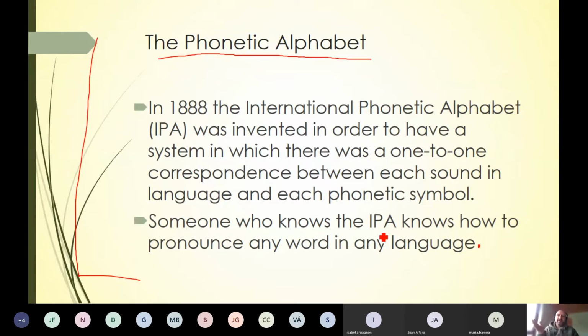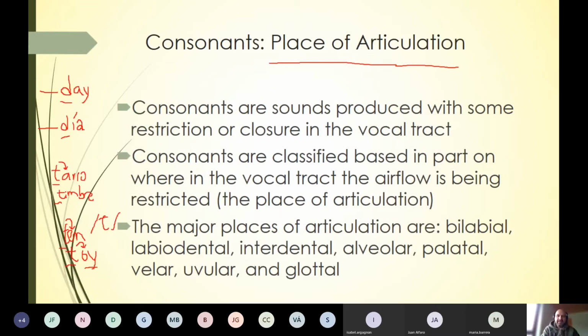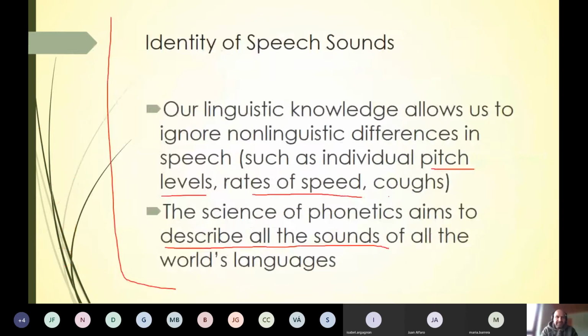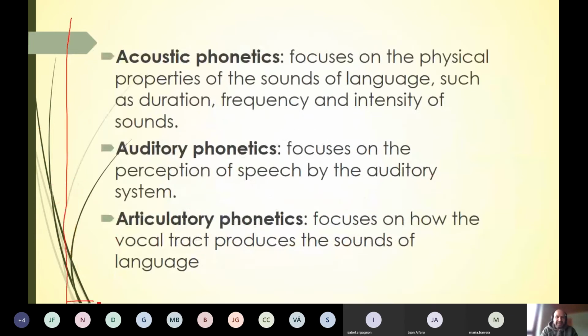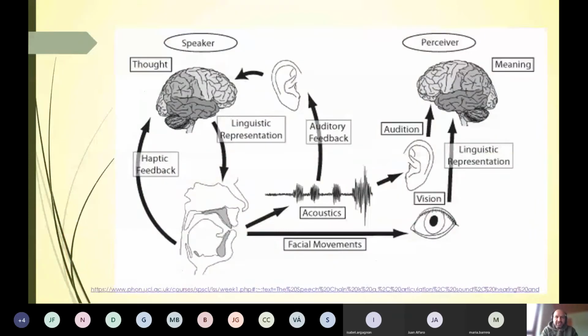Now, phonetics deals with sounds in different stages: when sounds are produced, when sounds are transmitted, right, and when sounds are received or perceived. When sounds are articulated, we're dealing with different sub-branches of phonetics, and this is something that we're going to see is connected with the speech chain, okay?